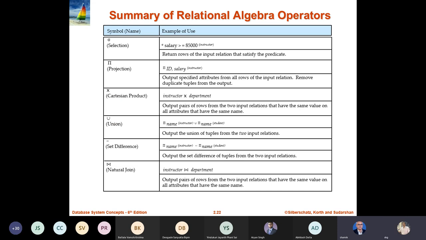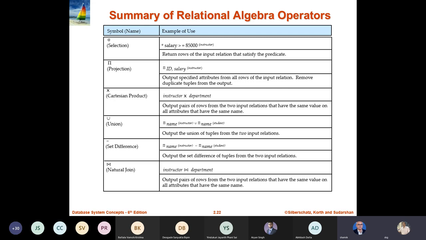So this is a summary of the algebraic operations we looked into. One is the selection, which returns a set of rows from the input relation by doing some operations. Project returns a set of columns for all rows.